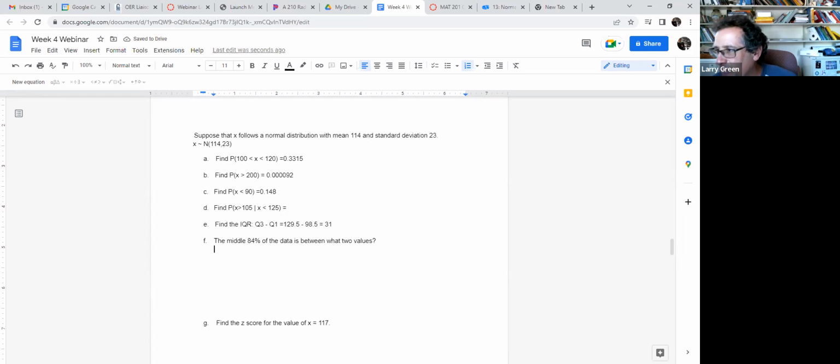I'm going to draw a picture because I think it helps to see it. We have a normal distribution. The middle 84%, that means we're something like here to here. And this area is 0.84.